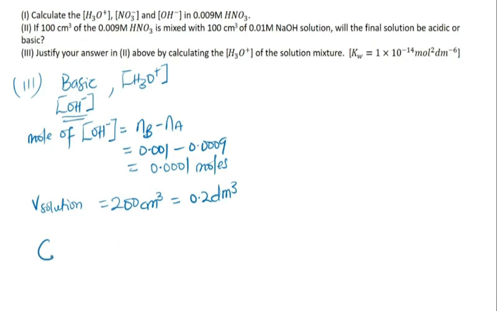So it means the concentration of the OH⁻ which is in excess in the solution is equal to the mole over volume, which is equal to 0.0001 divided by 0.2. So this will give us a concentration of 5.0 × 10⁻⁴ molar.